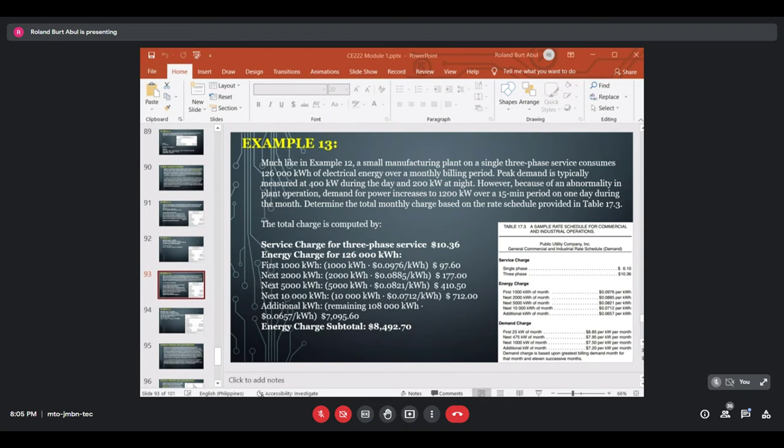Then from the remaining 126,000 minus 1,000, we take the next 2,000 kilowatt hours.